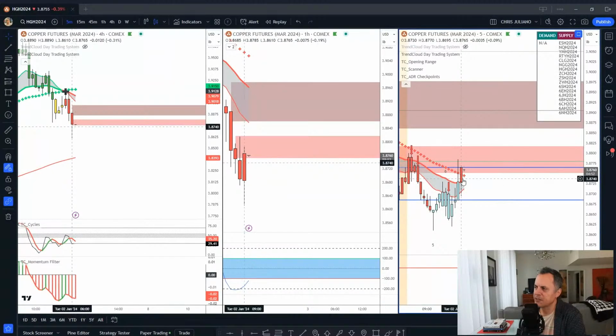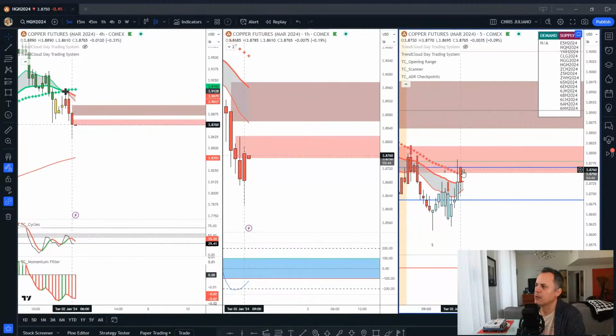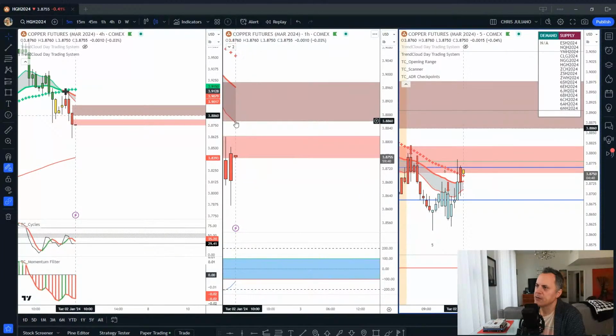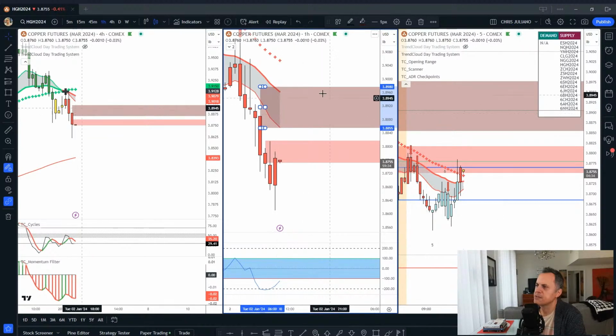And there's your yellow candle starting to form there, which means a deeper pullback. And right here, this is the higher time frame trend cloud.